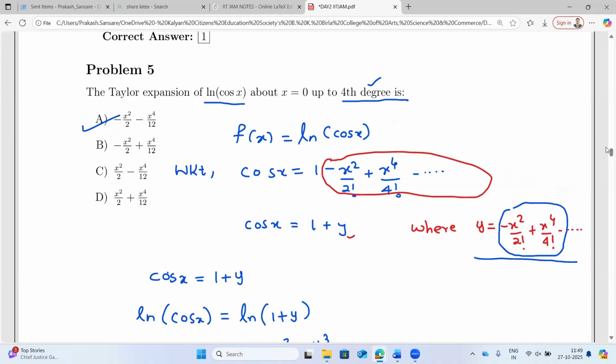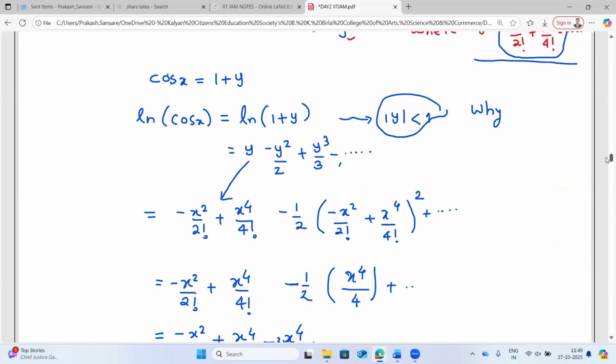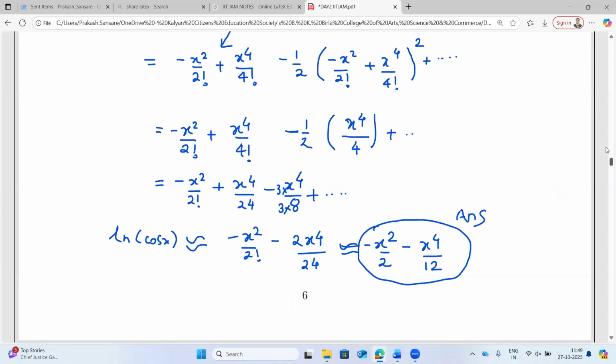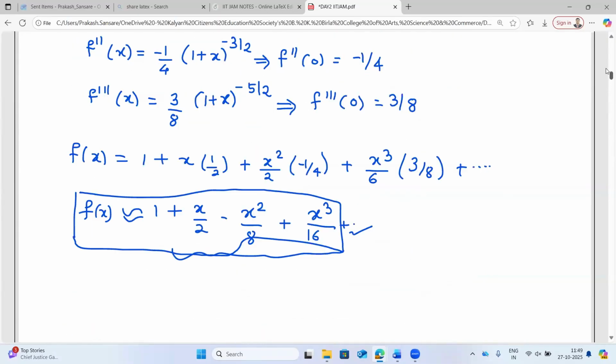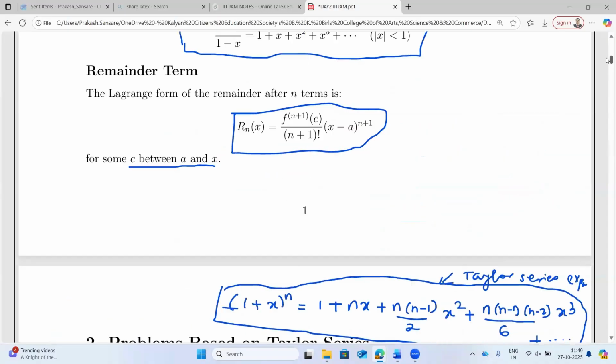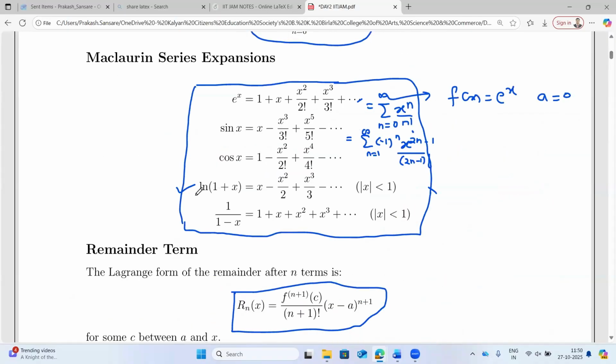Can anybody here guarantee that mod y is less than 1? It's a good question. How do I know that mod y is less than 1? If this is true, then only can I go ahead. So here I have assumed that mod y is strictly less than 1, because we apply this formula only if mod x is less than 1.